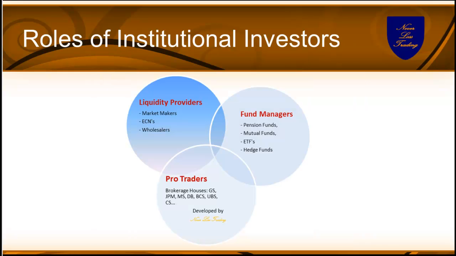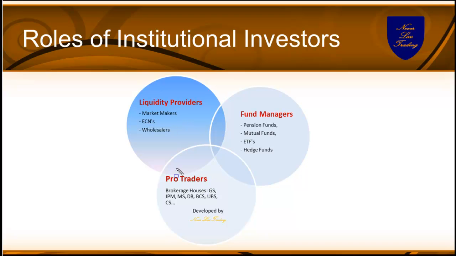Let us start to define first the role of some of the bigger institutions. So you have here liquidity providers. What do they provide? They make the transaction quick and easy so that when you want to buy, you immediately, when you pay the price that is demanded, get your asset delivered. Yeah, so those are the market makers, or there are some e-CNs and wholesalers all acting as liquidity providers.